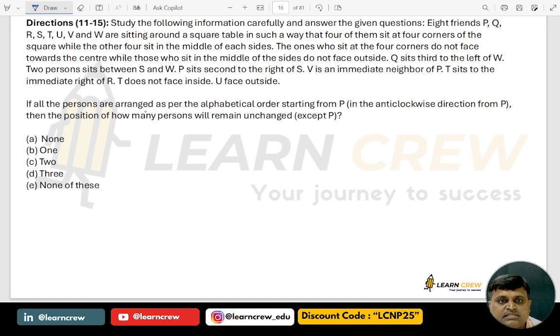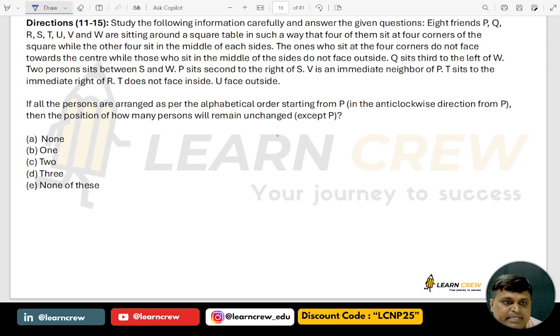If all persons are arranged as per the alphabetical order starting from P in the anti-clockwise direction from P, then the position of how many persons will remain unchanged except P?